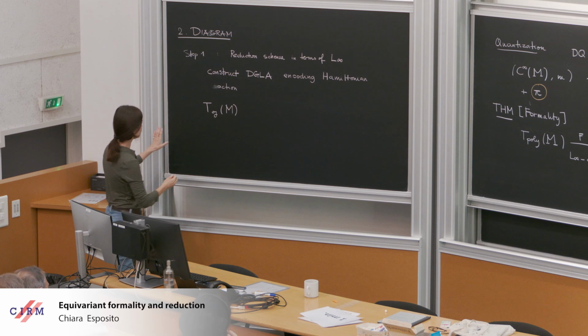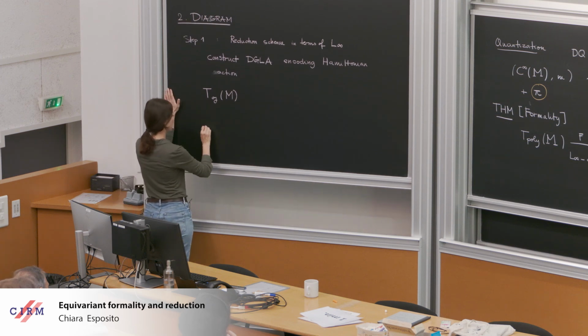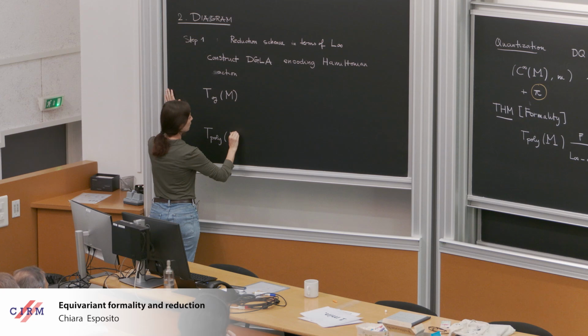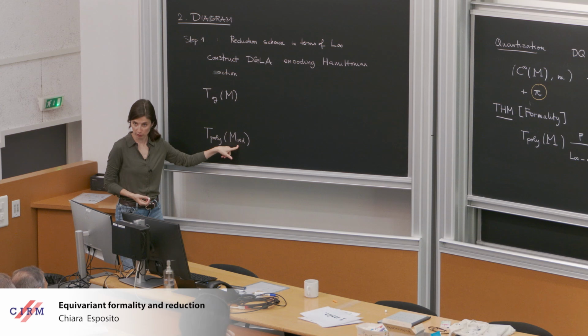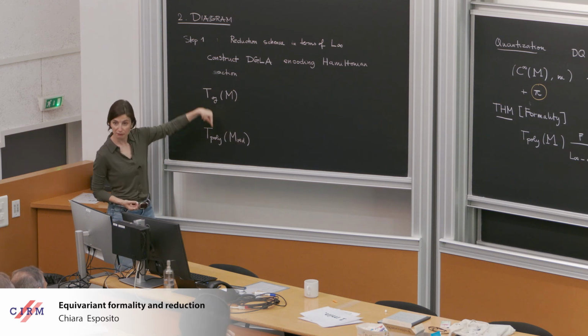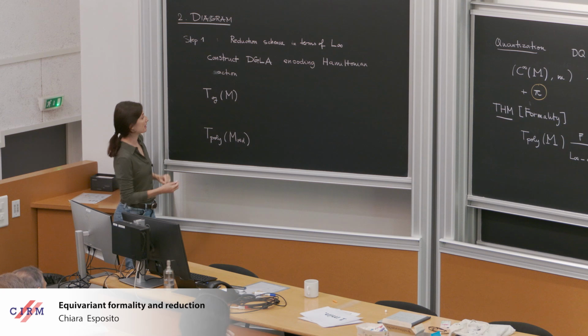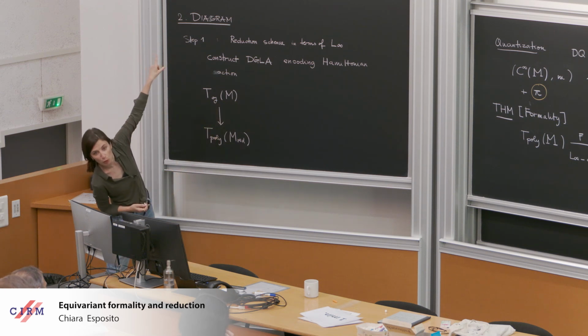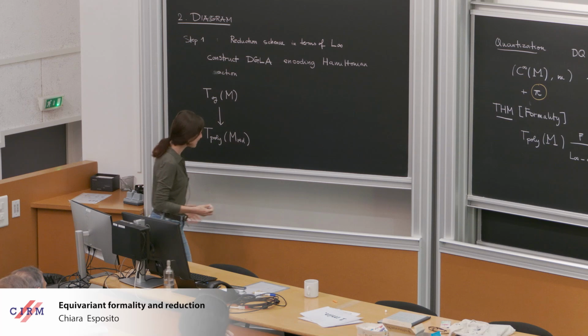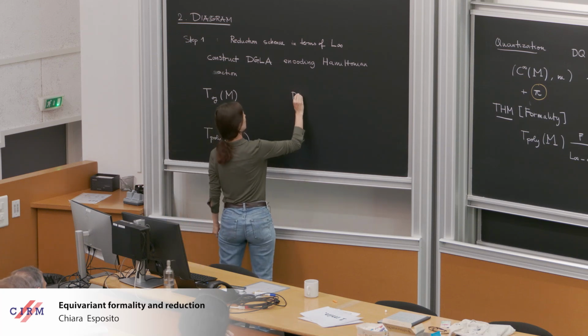And then I want to go to the usual T-poly complex, but on my reduced manifold, via an L-infinity morphism. So this is step number 1, which is also paper number 1. And same story on the other side.